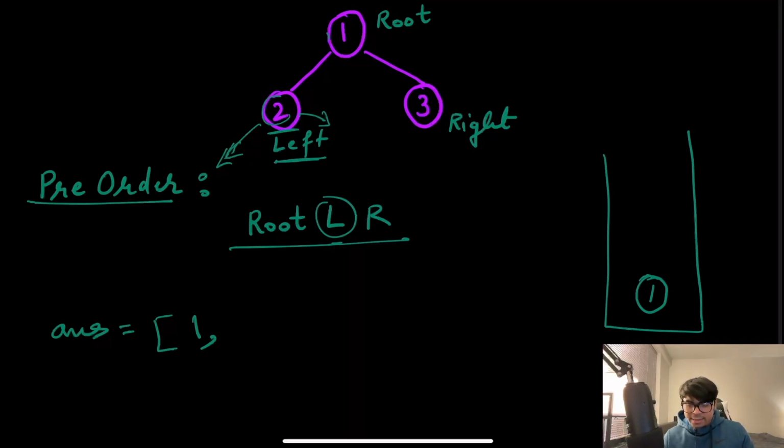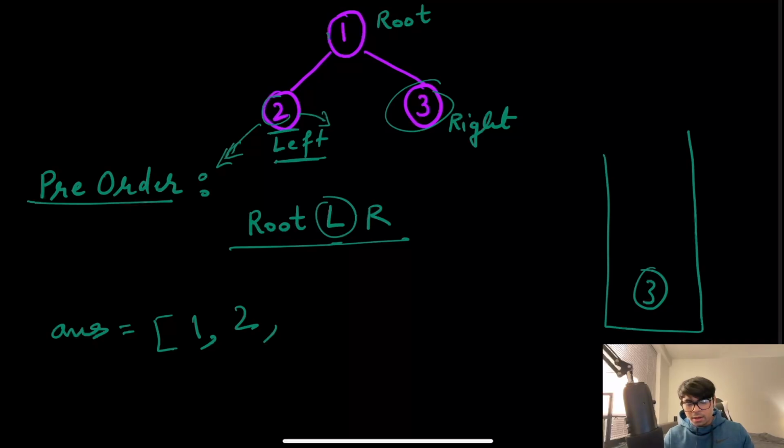If our stack is non-empty, then we're going to pop again, and then we process the right side of it. So in this case, we go to 3, and here we will be pushing it onto the stack. But while we are pushing it onto the stack, sorry, we didn't add this value here. We should have added it.